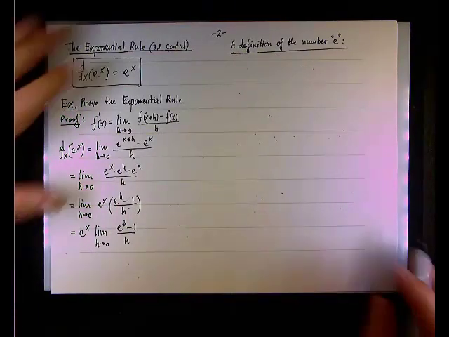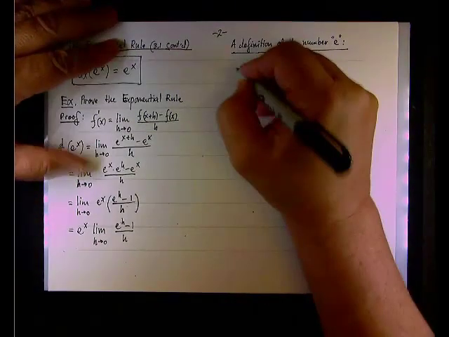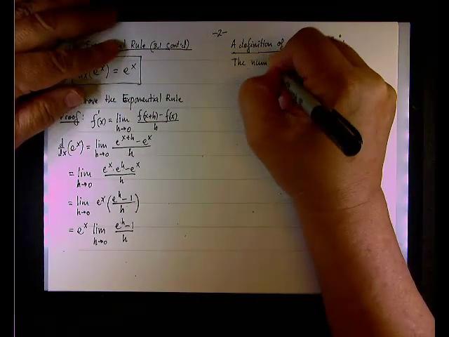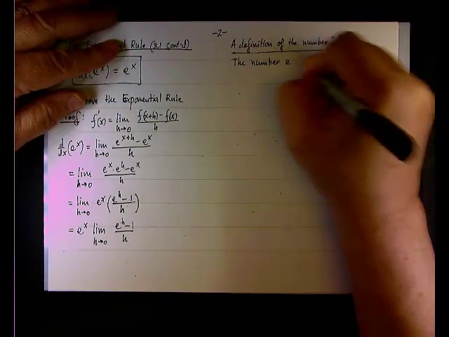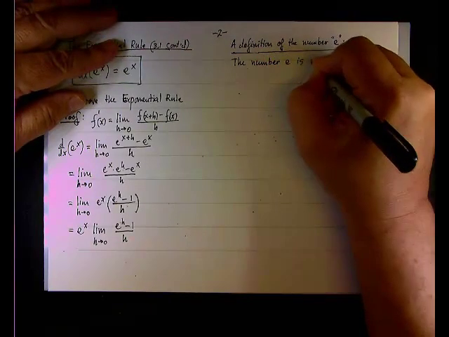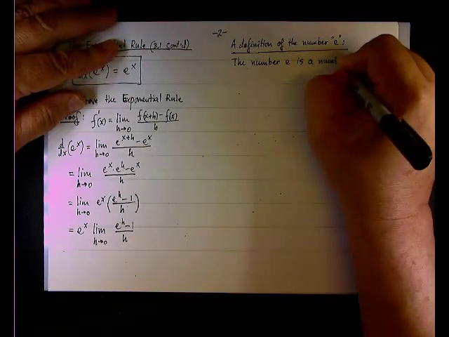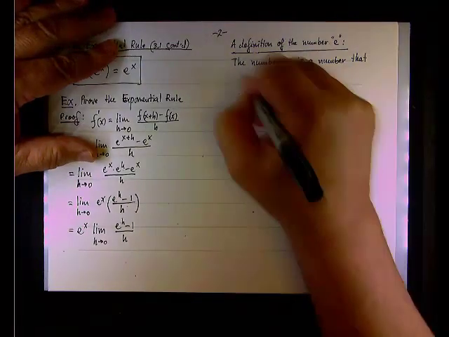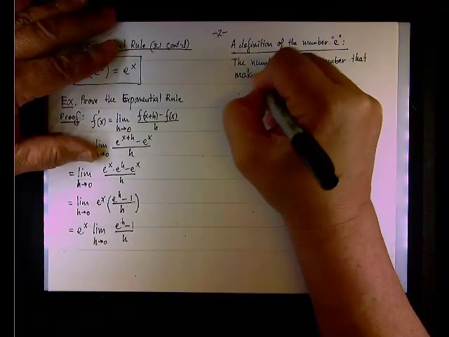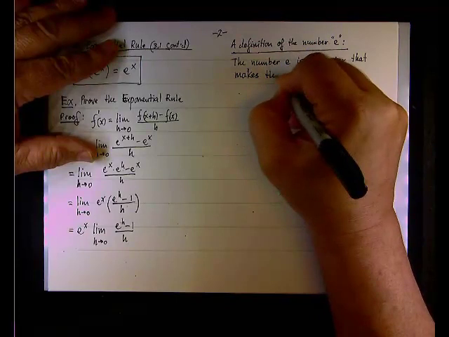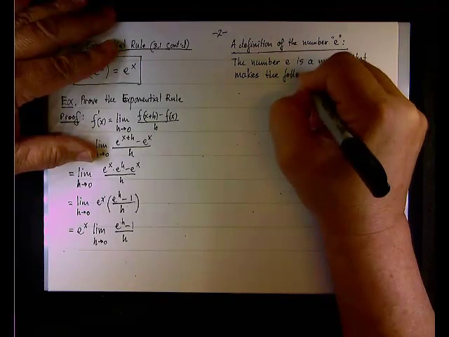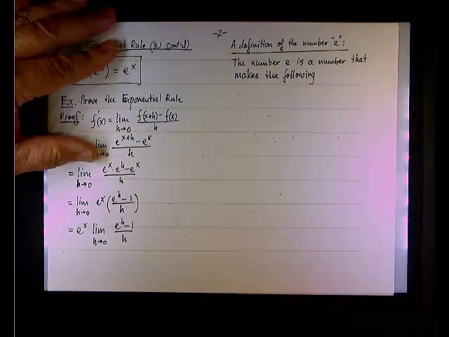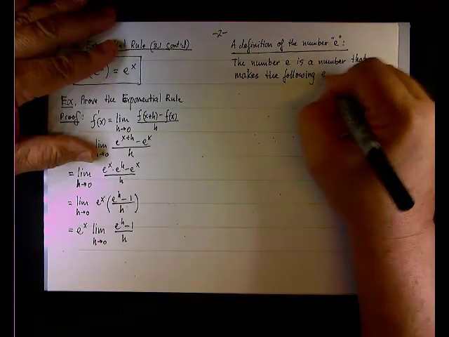So I want to say that the number e is a number that makes the following limit equal to 1.